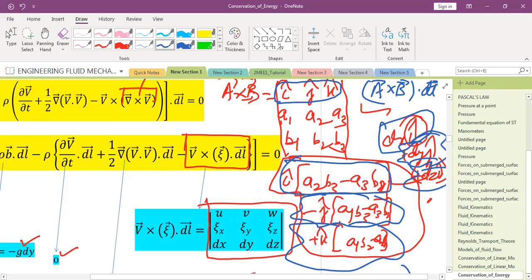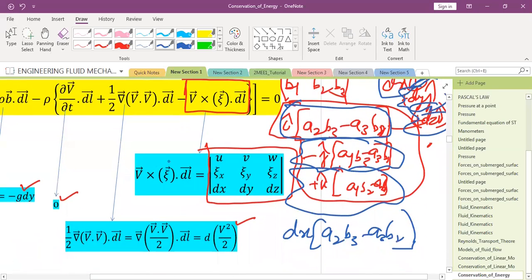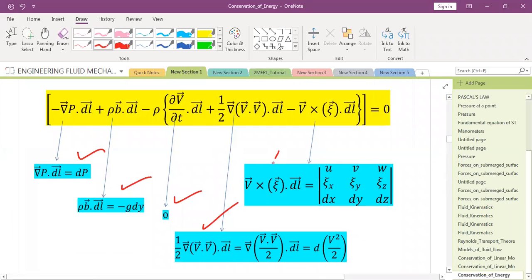So this is what is done here as well. So cross product into dot product has been written as this determinant. Any doubts to anyone?